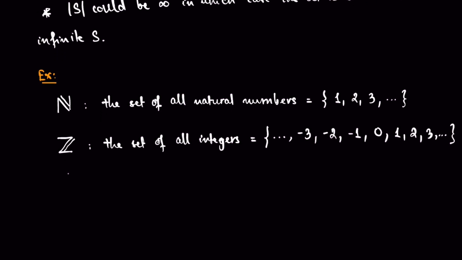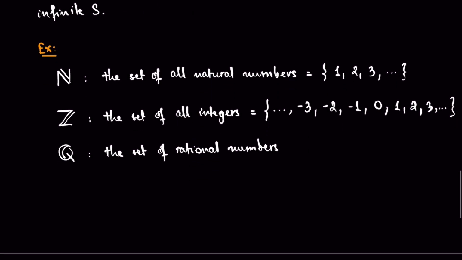Or you can have the set of rational numbers, and this notation, the fancy Q, indicates that this is the set of all rational numbers. It is a lot easier for us to write down the set of all rational numbers in terms of set builder notation.